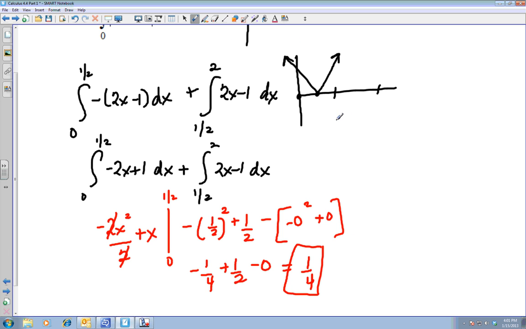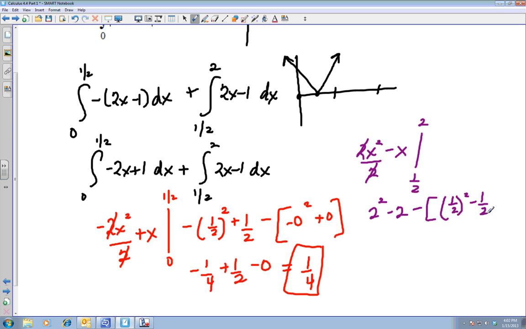Okay, so here, right here, I'm going to find the antiderivative. 2x squared over 2 minus x from 1/2 to 2. Again, my 2's cancel, and now I'm going to plug my numbers in. 2 squared minus 2, minus 1/2 squared minus 1/2.